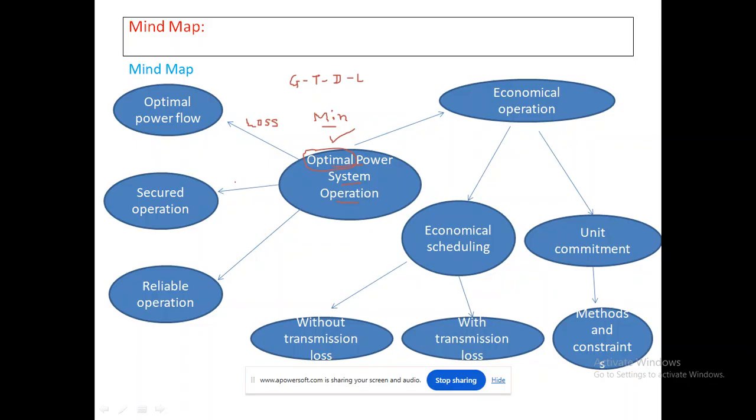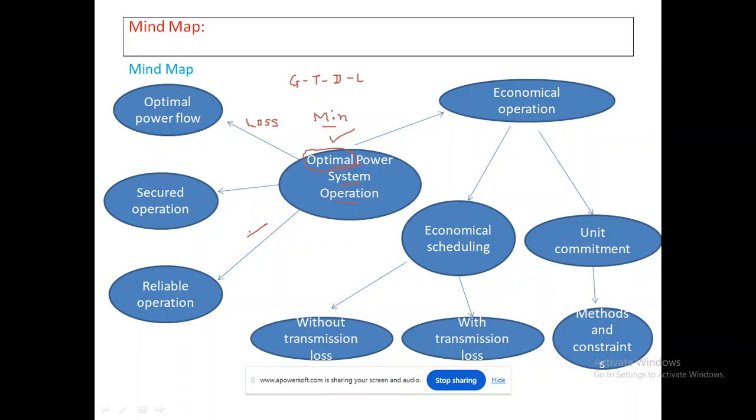The power system is to be operated in the normal state, wherein the equality constraints as well as inequality constraints are satisfied. So the aim is to operate the power system in a very secure manner, in the normal state. We will discuss it in more detail in unit 6.